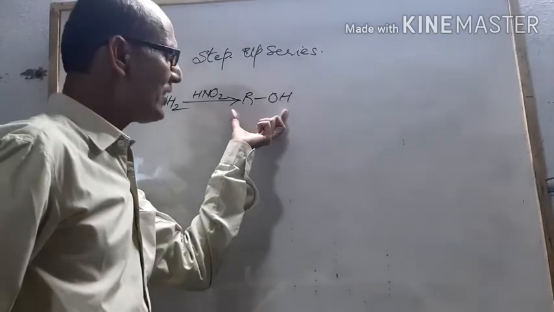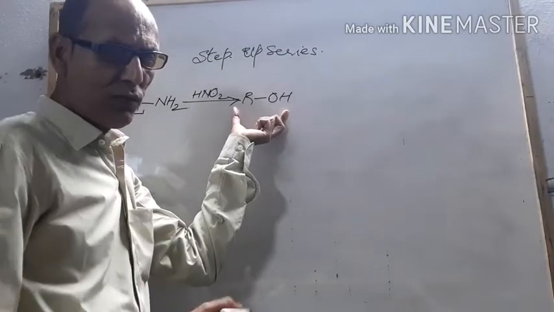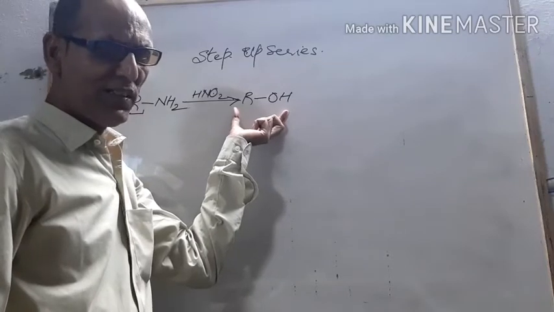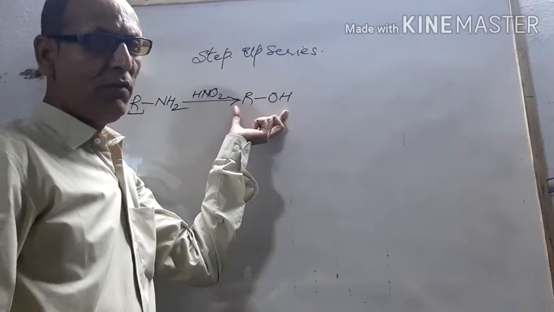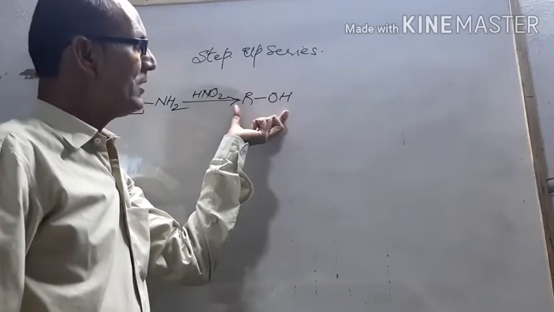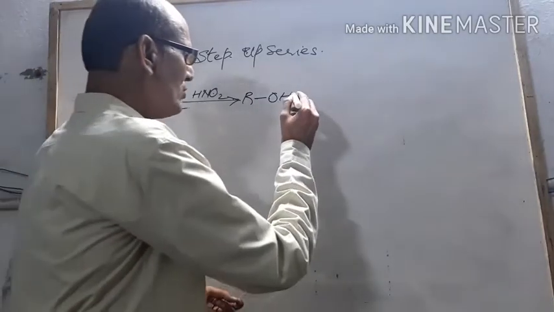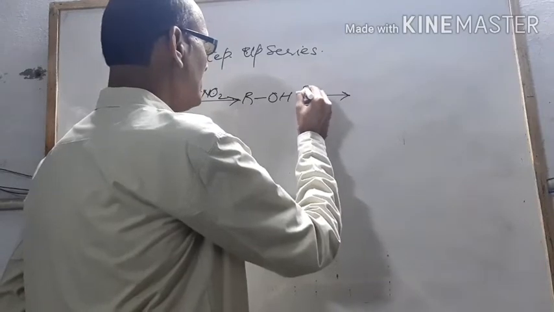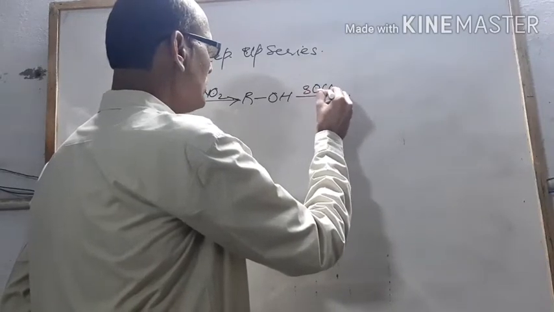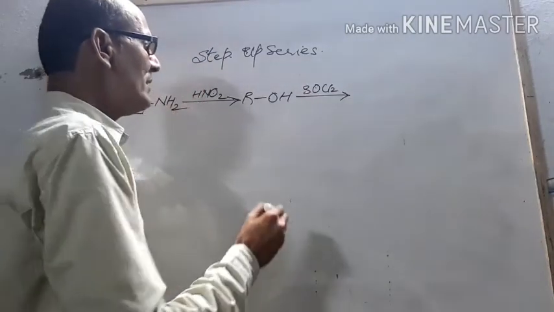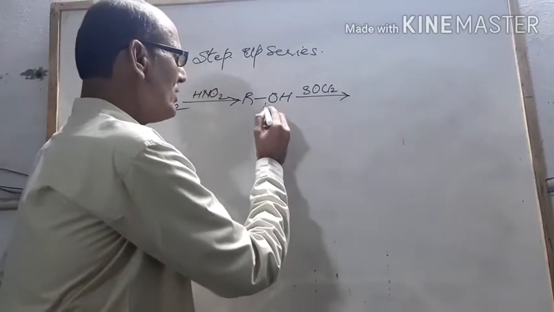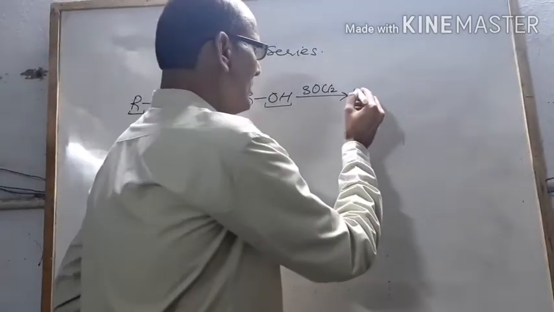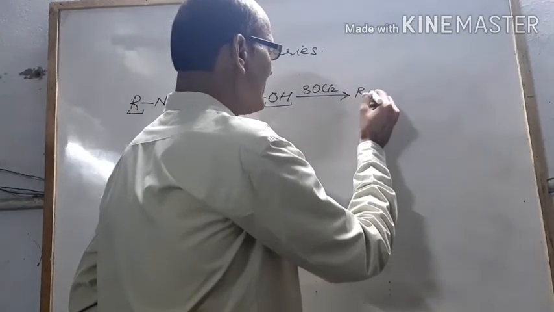When you get the alcohol, you have to convert it into halide by using PCl5, phosphorus and iodine, or any other reagent like SOCl2. I am taking SOCl2 here because it is the best method. With SOCl2, thionyl chloride, the OH will be converted into chloride, so you will get R single bond Cl.